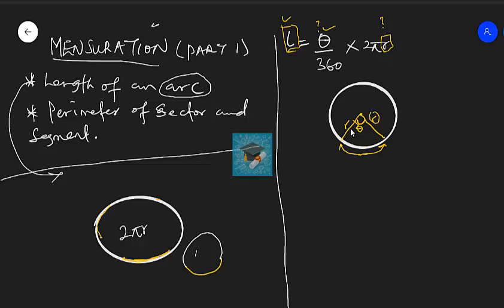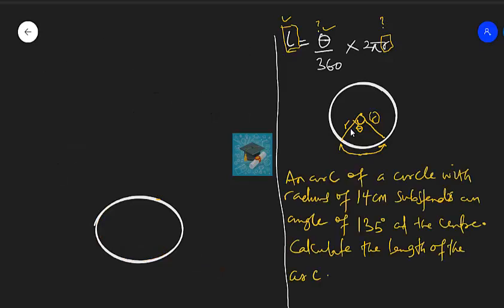Let's take some examples. This example states that an arc of a circle with a radius of 14 centimeters subtends an angle of 135 degrees at the center. Calculate the length of the arc. It's usually advisable to draw the circle diagram somewhere. It's not important because you already have your parameters, but you might still draw.